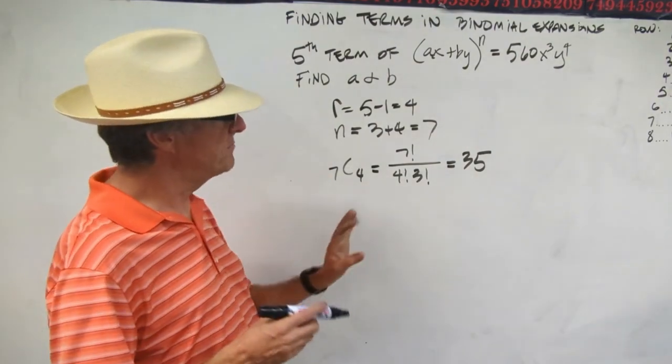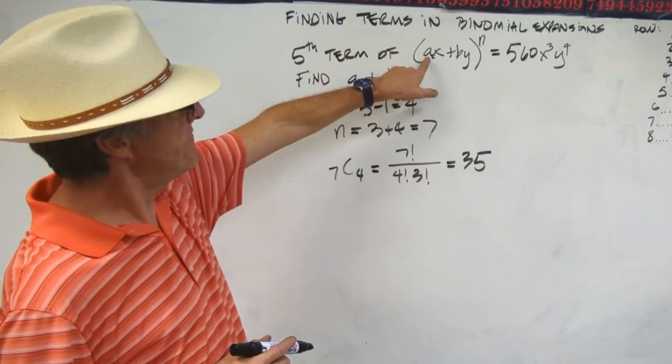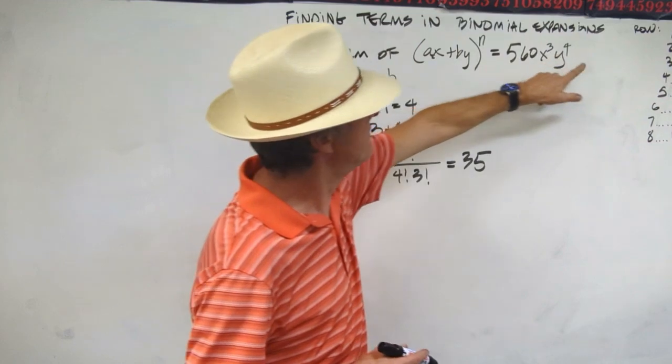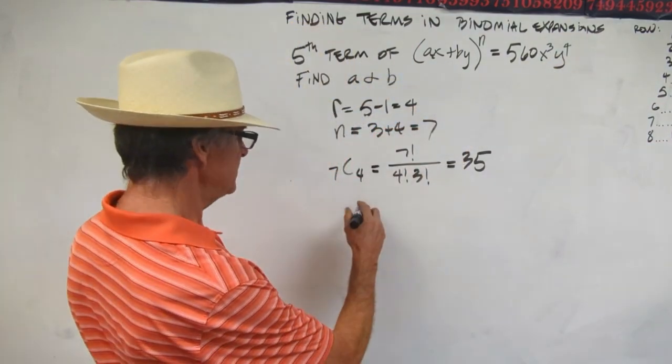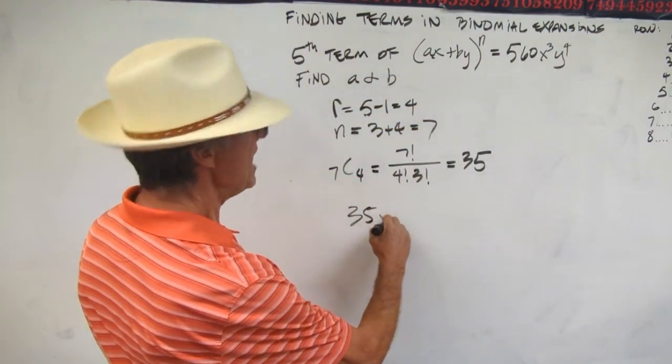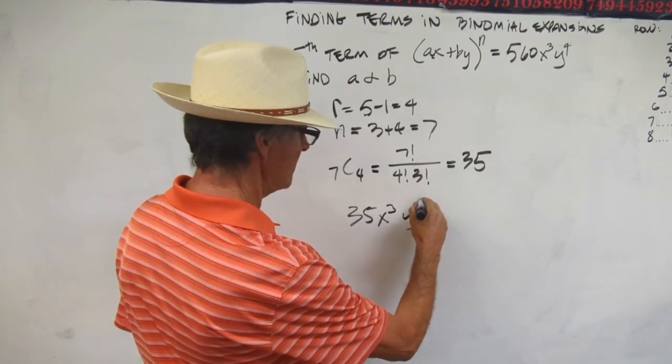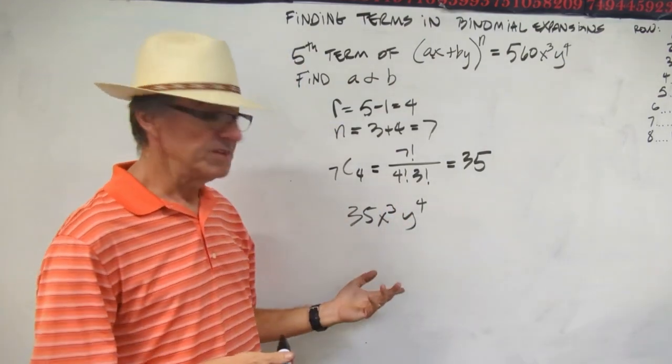Now, here's the next step. It's kind of strange, but basically we know that the 35 has to go on the x component of this. So now I can write 35 x to the third y to the fourth. Now I have to know something about this.